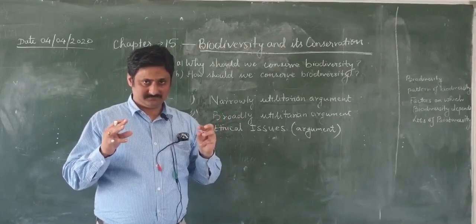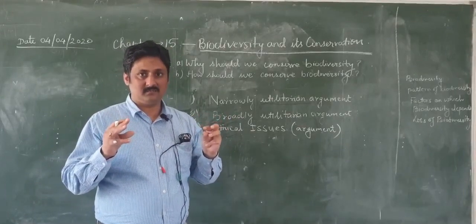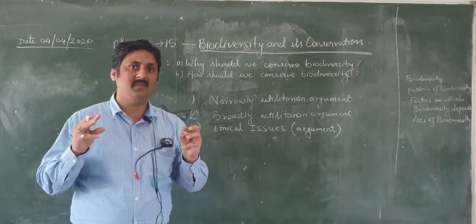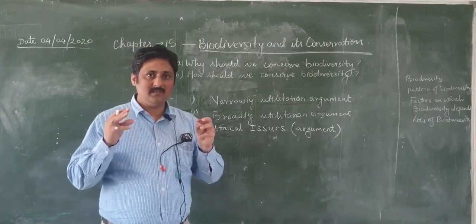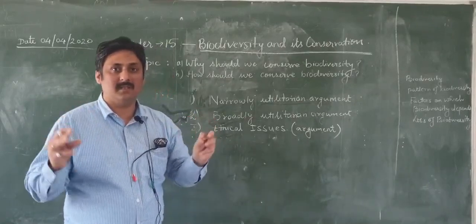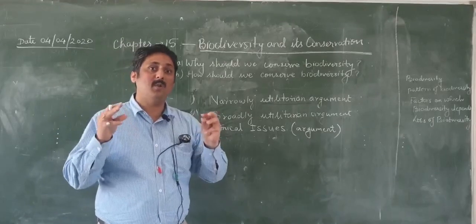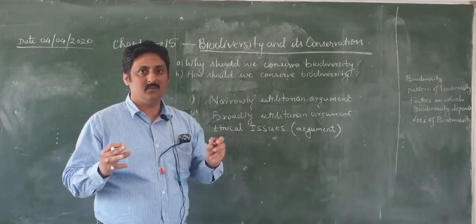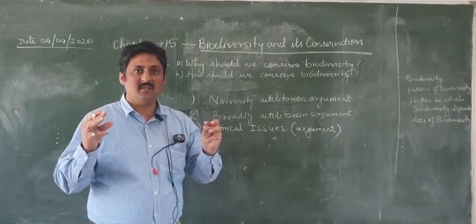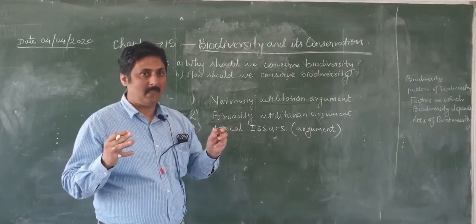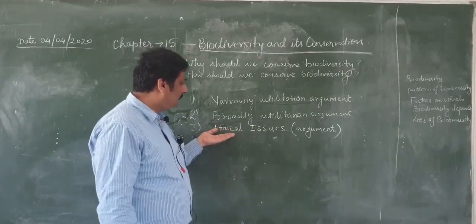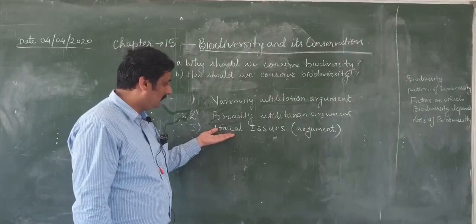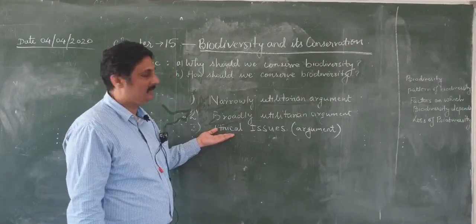Human beings should not consider themselves the only species living on the earth. It is our moral duty to preserve animals so that our future generations can benefit from them. So this has been put in another group, that is, ethical arguments.